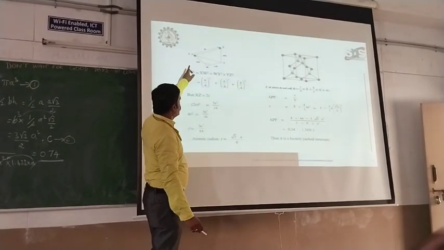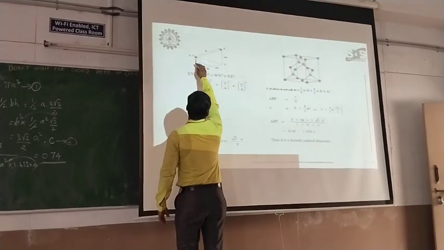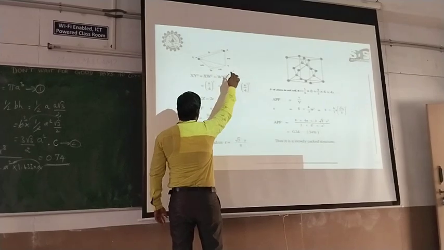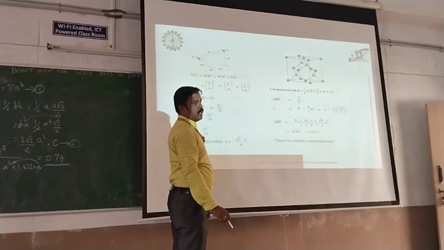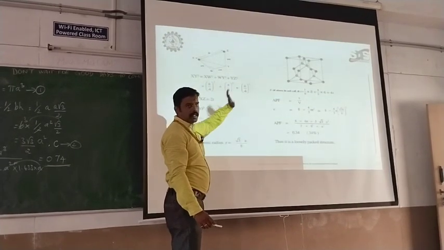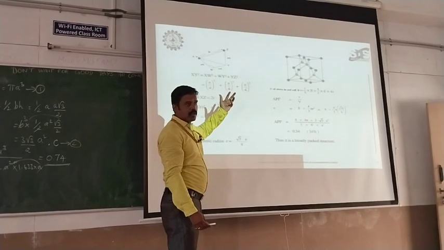So it starts from this triangle, with X, Y, and Z. All the sides we know are A by 4, because we take it in a sublattice formation only, not a lattice. Lattice becomes A.